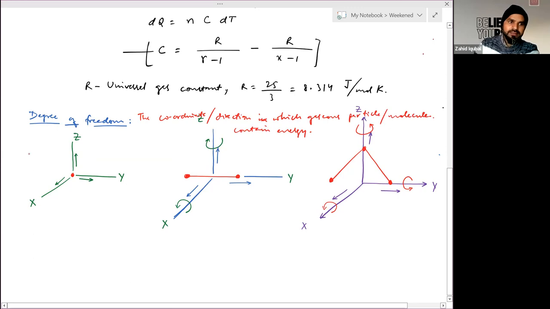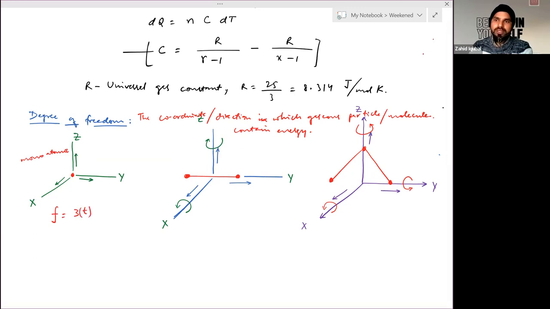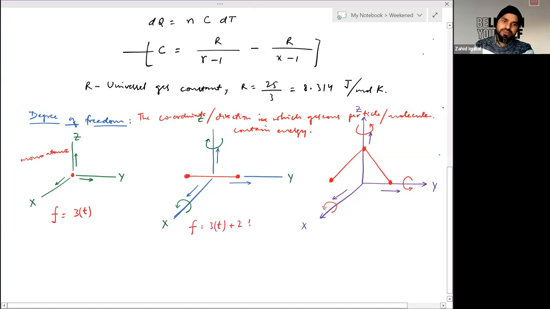So in first part, for monoatomic, degree of freedom is represented by F. We have 3 degrees of freedom and all are along translational part. In second term, we have 3 translational energy plus 2 rotational energy.